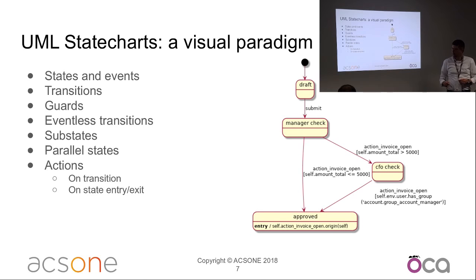And we like that because it's really a visual paradigm. So when you discuss that with end users or key users in workshops, it's easy to understand. It's visual, it's clear. It's also very complete, so it forces you to think about all possible cases.